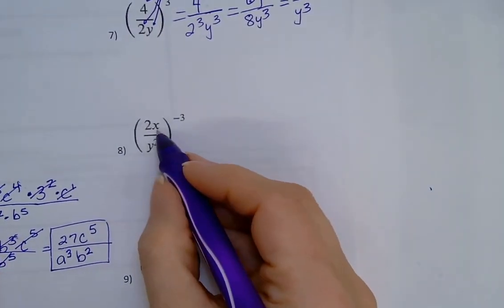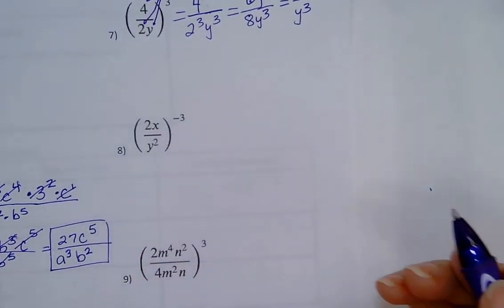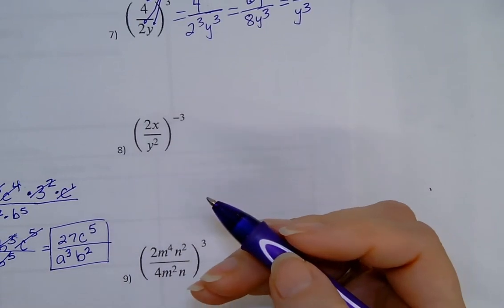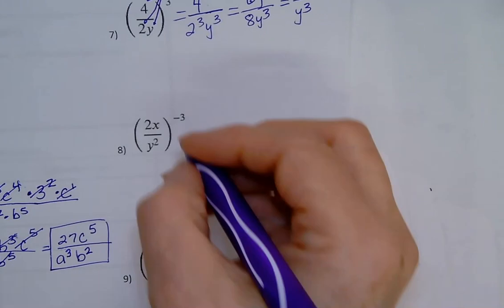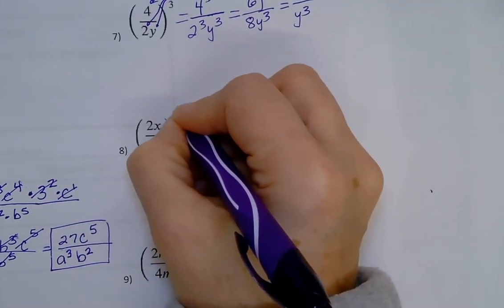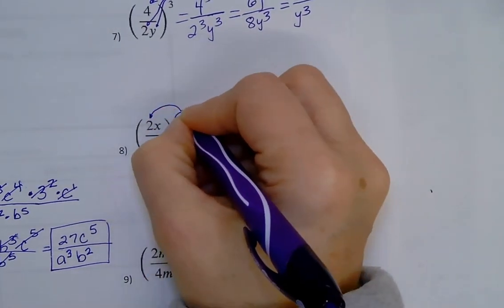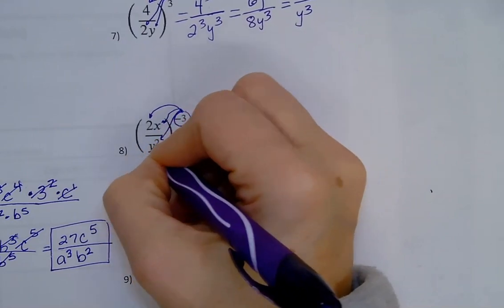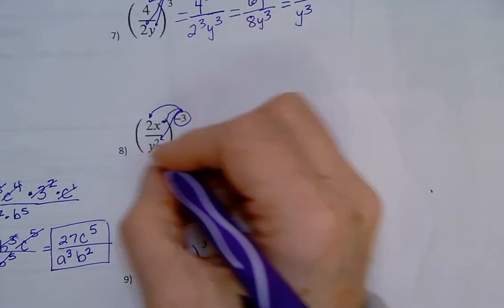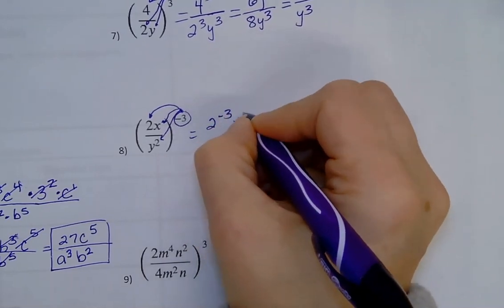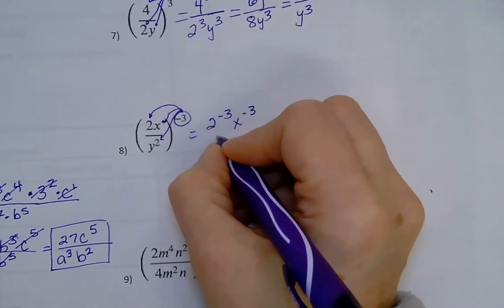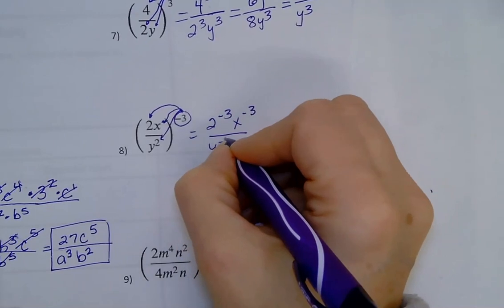All right, again, if I have a negative exponent and I have a fraction inside this parentheses, I can flip it upside down right now and get a positive exponent outside, or I'm just going to distribute that negative 3 to the 2, to the x, to the y squared. So I now have 2 to the negative 3, x to the negative 3, all over y to the negative 6.